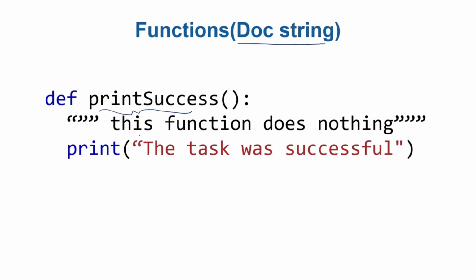Sometimes your function can contain a lot of code. For example, you have a particular function, let's say def fun, and it does a lot of complicated stuff inside, and sometimes it is required to know what this function is actually doing.